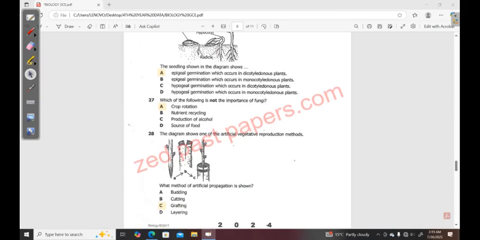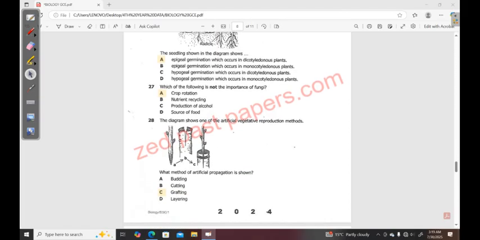27. Which of the following is not the importance of fungi? A. Crop rotation. B. Nutrient recycling. C. Production of alcohol. D. Source of food. So we don't do crop rotation with fungi.